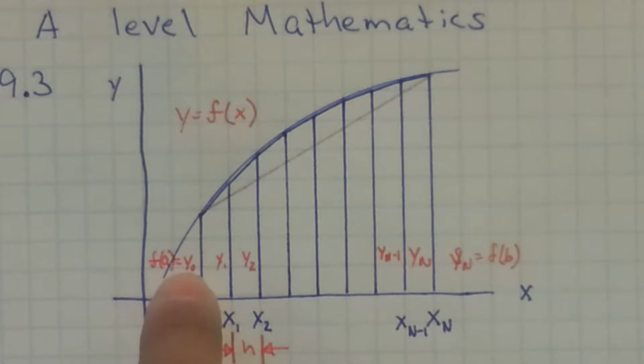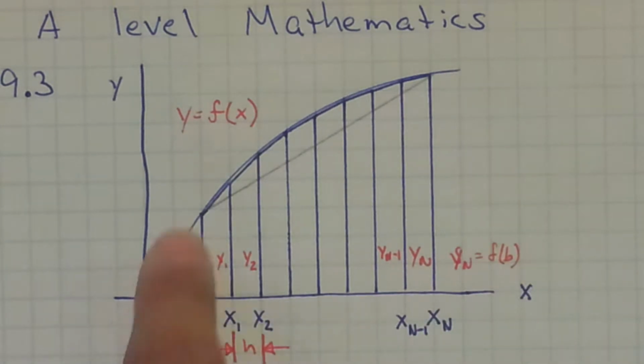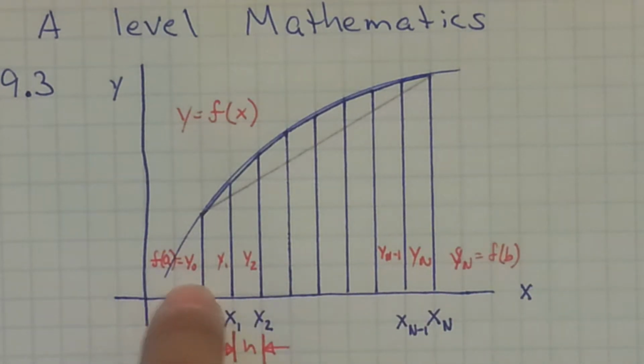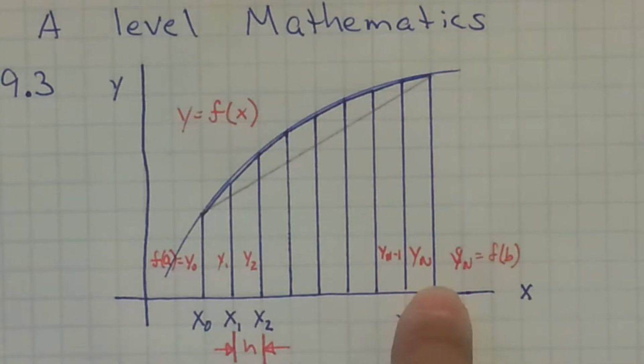So this is y sub 0, y sub 1, y sub 2, and this is y sub n minus 1, y sub n, and y sub n is my last one, which is f of b. So I would start off with my y0 and yn, so y of 0 would be f of a. That's going to be my first value that I have right here. Y of n is actually my last value. It's from here to here. So it's my first one and my last one.